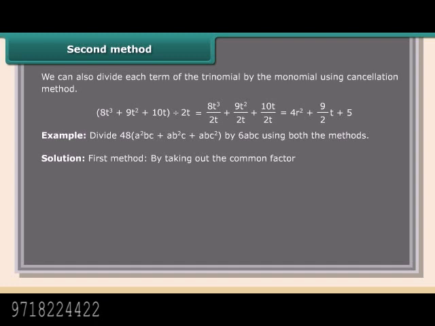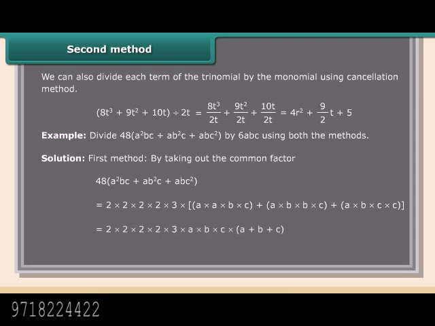By taking out the common factor, 48a squared bc plus ab squared c plus abc squared is equal to 2 into 2 into 2 into 2 into 3 into a into b into c plus a into b into b into c plus a into b into c into c is equal to 2 into 2 into 2 into 2 into 3 into a into b into c into a plus b plus c is equal to 16 into 3 into abc into a plus b plus c.